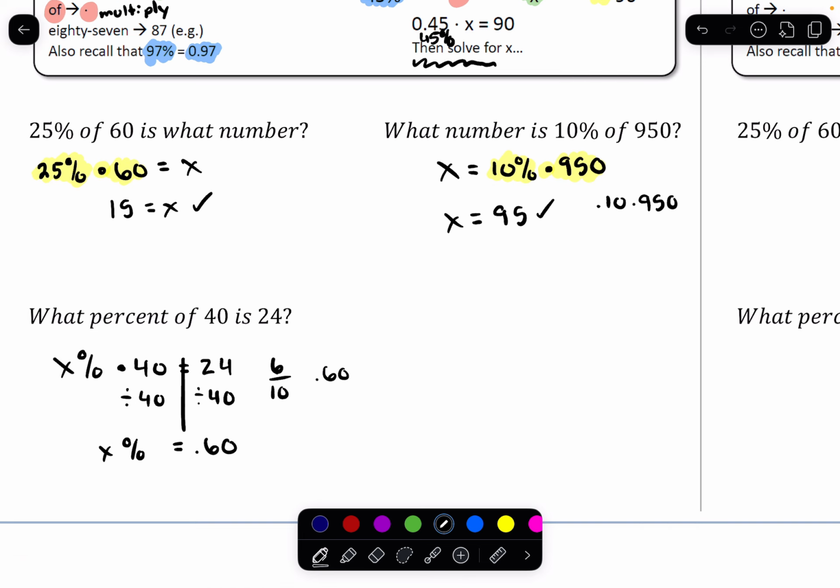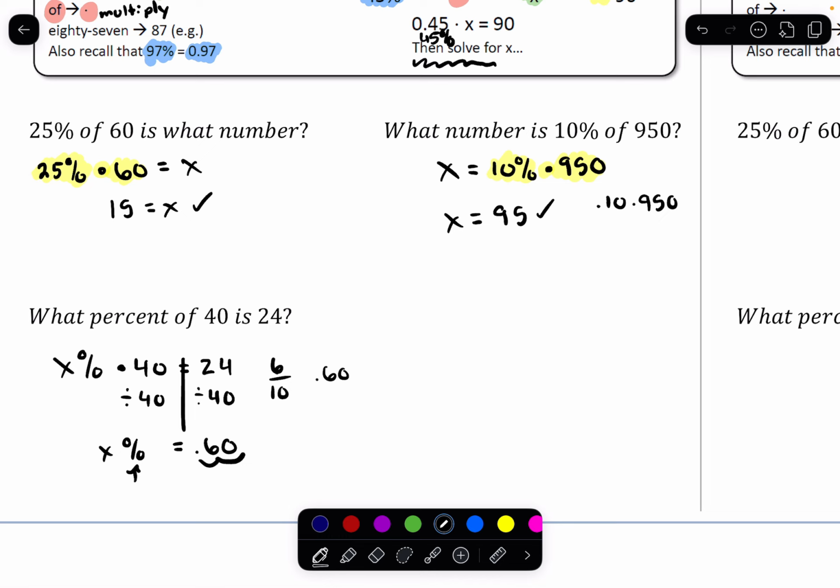Now, X percent is equal to 0.60. Well, remember how percent just meant the same thing as moving the decimal twice? Like 50% is the same thing as 0.50. So that percent symbol means that I need to rewrite the 0.60 as a percentage.